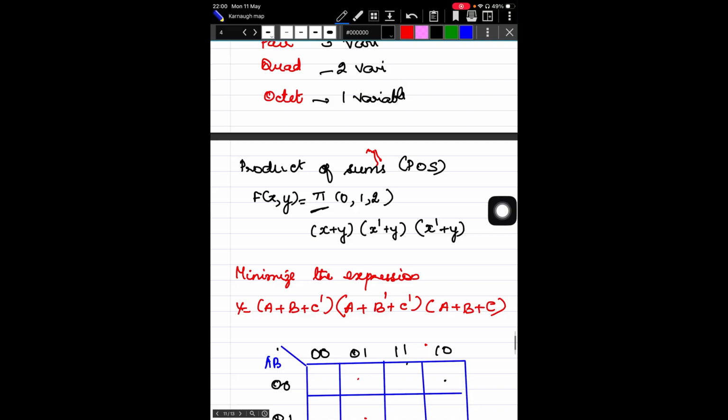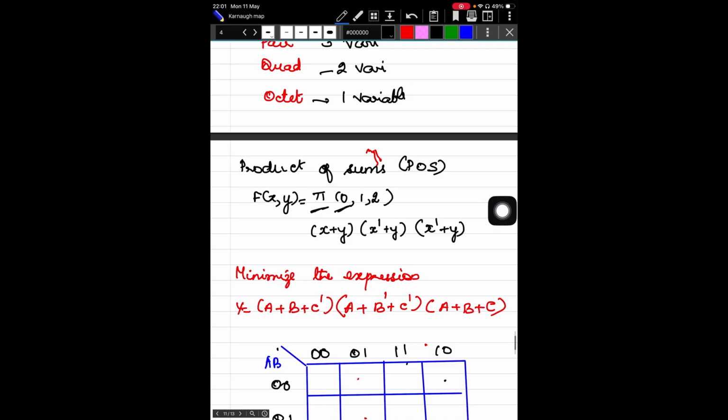When a variable was 1, we took it in its true form. Here, it's just the reverse. When a variable is complemented, we take it as 1, and when a variable is not complemented, we take it as 0. So what is the binary equivalent of 0? 0, 0, right? 0, 0.